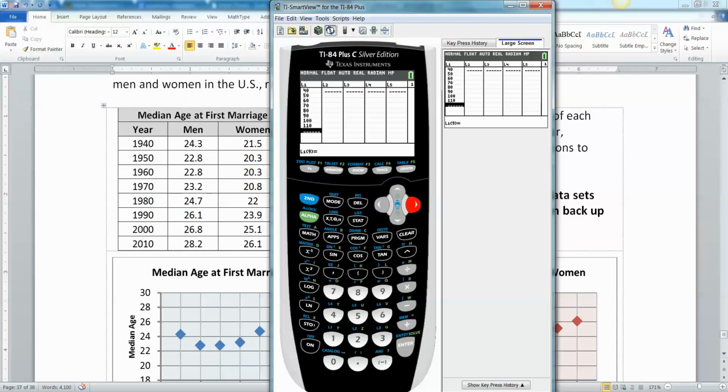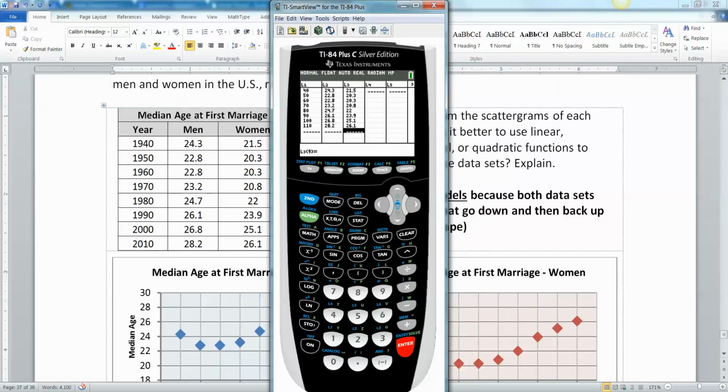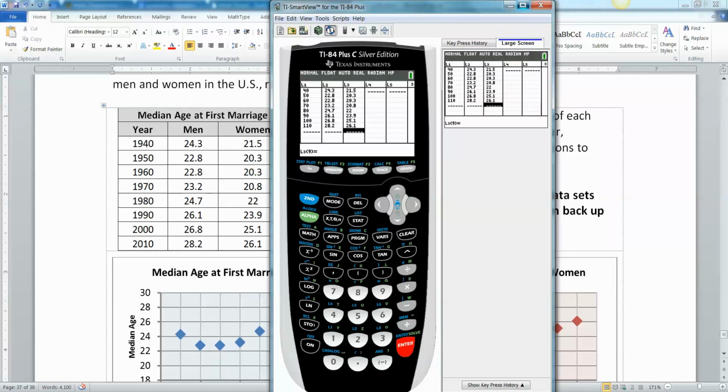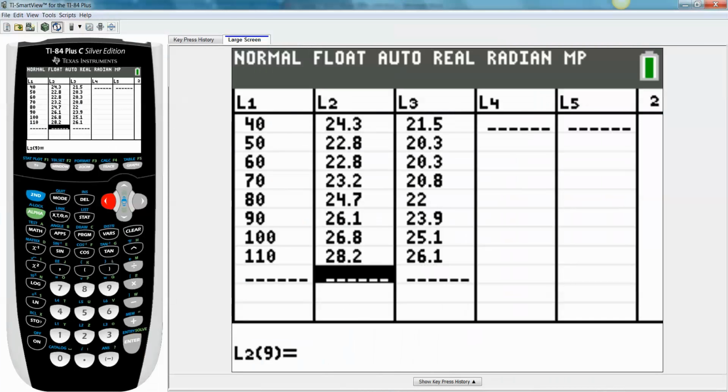Okay, and then we'll put the men here, and then here goes the women. All right, there they are.